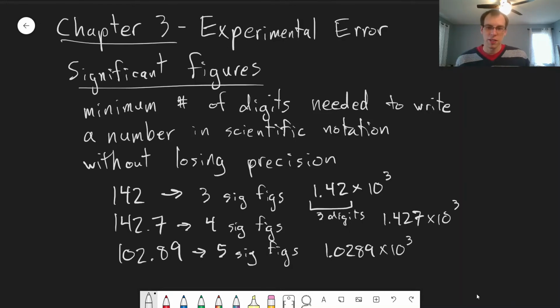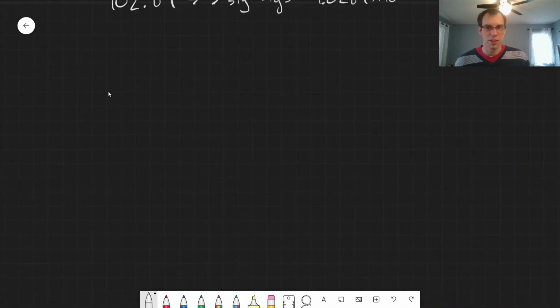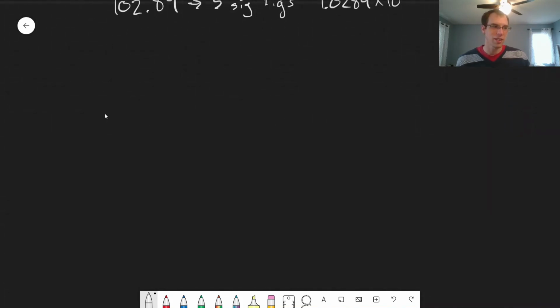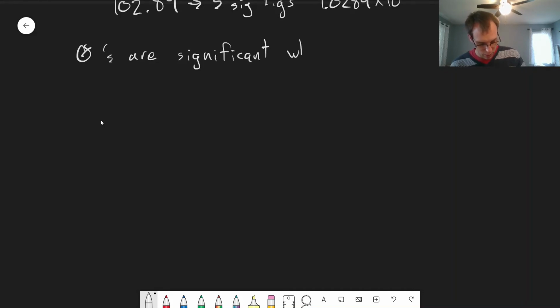So one question that often comes up with significant figures are zeros. When are zeros significant? Sometimes they are, sometimes they aren't, and it depends on the situation. All right, so basically, zeros are significant when they're not just placeholders. So again, we'll look at some examples.